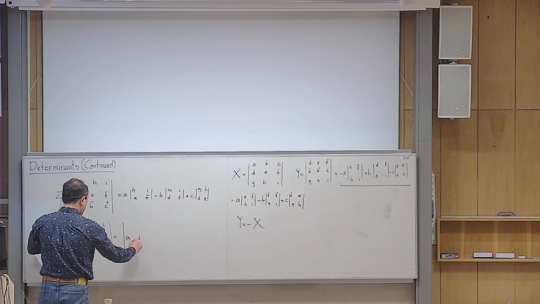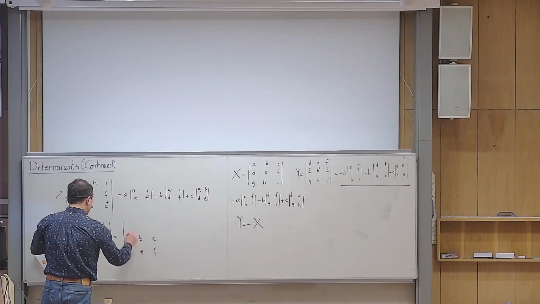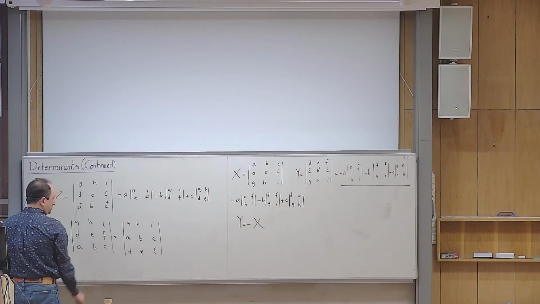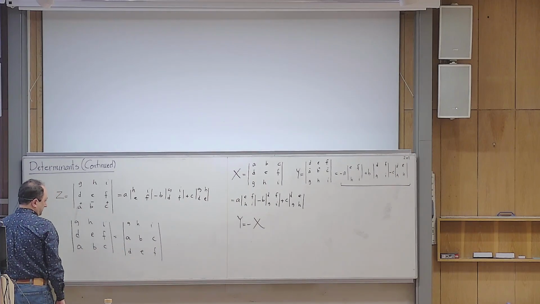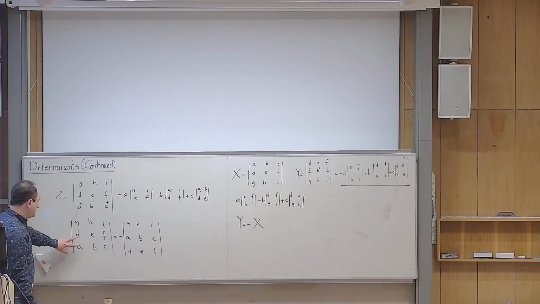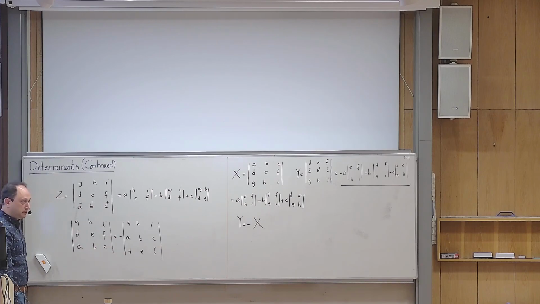A, B, C goes up, D, E, F goes down, and G, H, I is here. So, what is the relation between these two determinants? The second one is a negative. Yes, there's a minus, because these two rows are adjacent. I interchange them. According to what I showed for adjacent rows, I am allowed to put a minus sign.